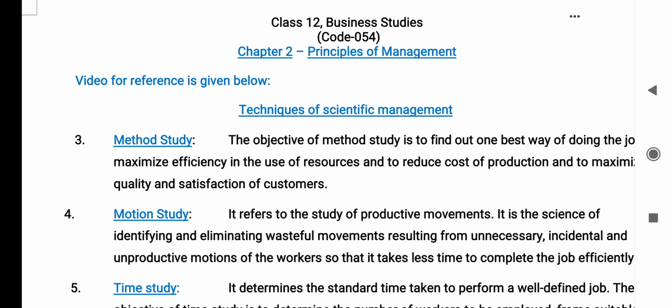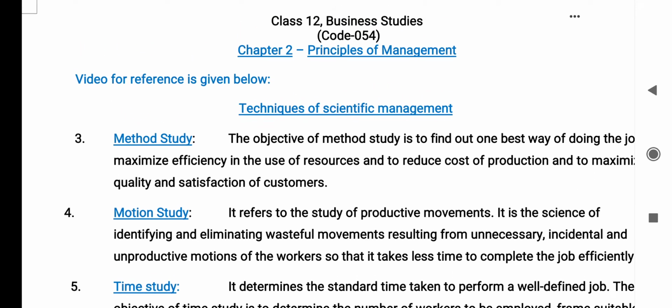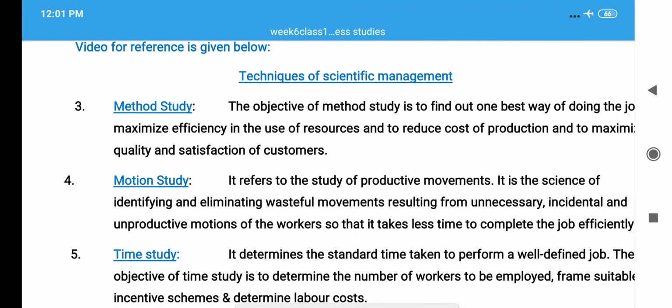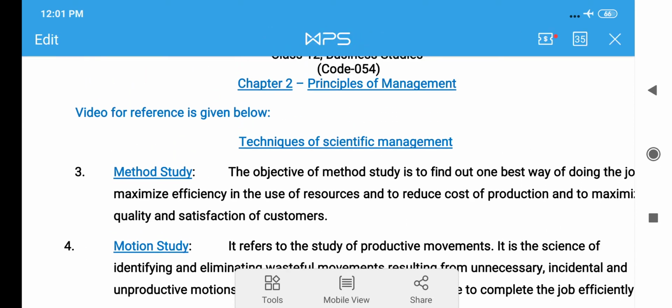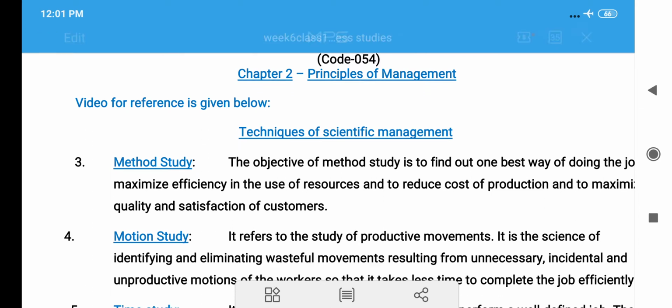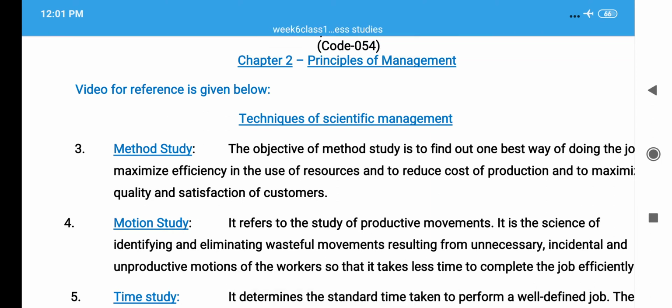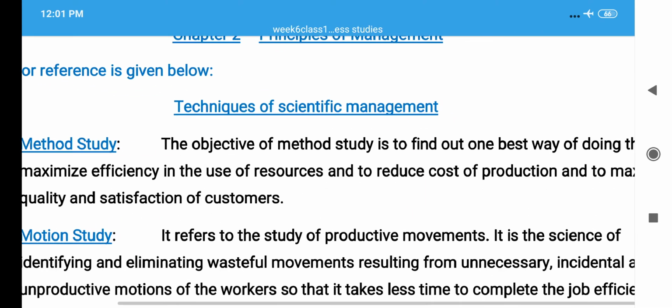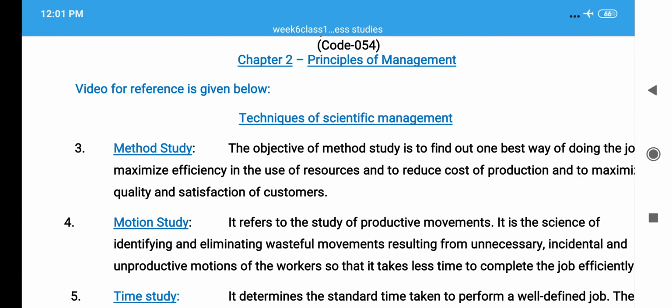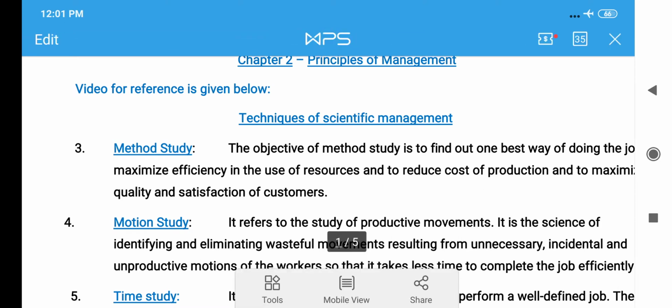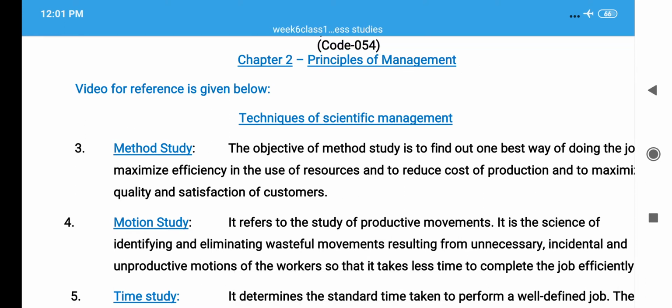Today I am going to start the topic techniques of scientific management, in which we will study the next technique, that is method study. The objective of method study is to find out the best way of doing the job and maximize the efficiency in the use of resources, cost of production, and to maximize the quality and satisfaction of customer.